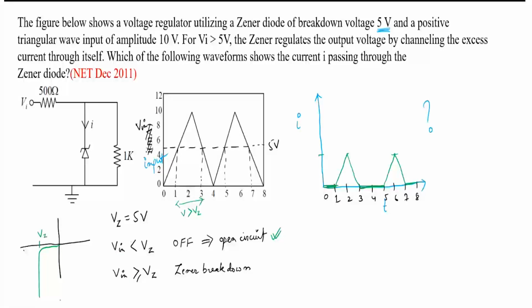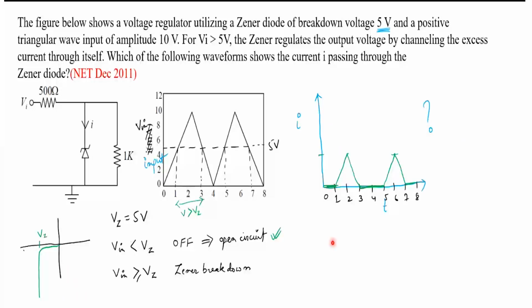Now, can you see the pattern of the current here? Yes, sir. There is a difference between VI and the voltage across the Zener diode, and in between there is 500 ohm.